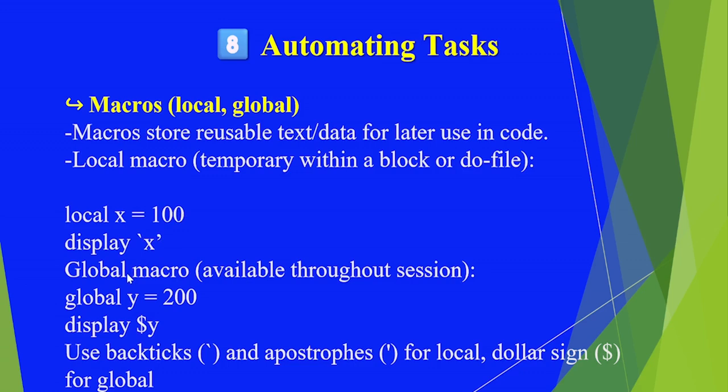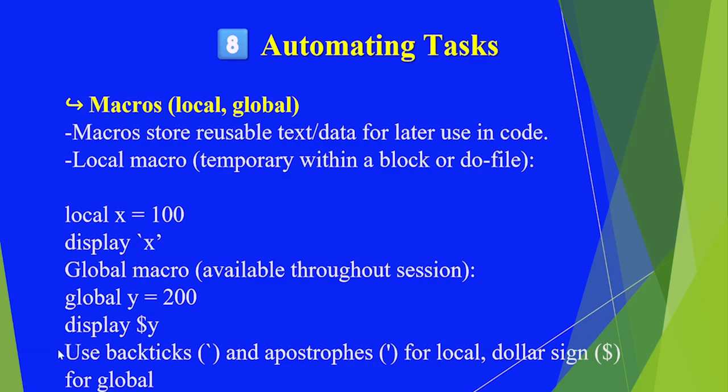And we have the global macro, on the other hand, which will be available throughout the session. For example, you just say global y = 200. And to display a global, we use the dollar sign instead of the backtick and apostrophe.